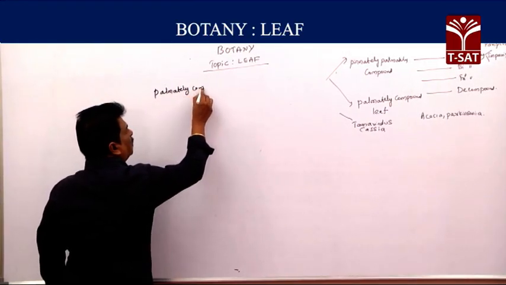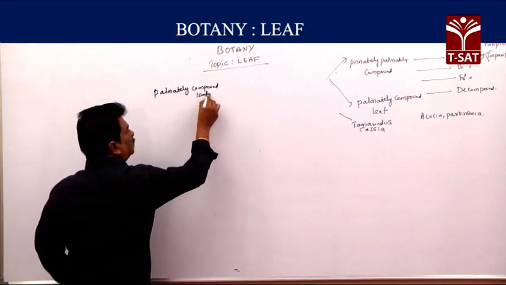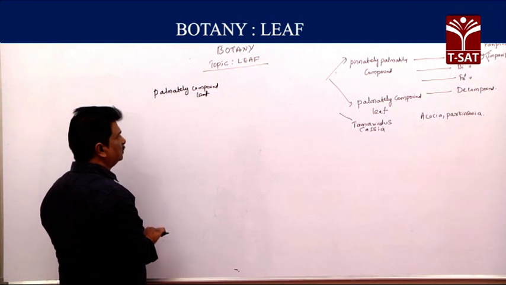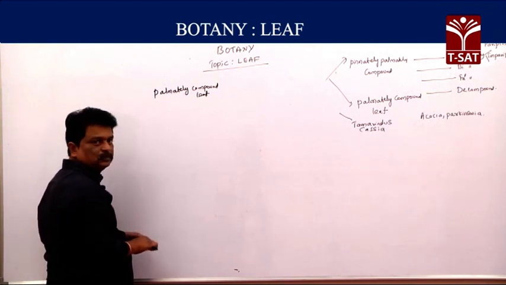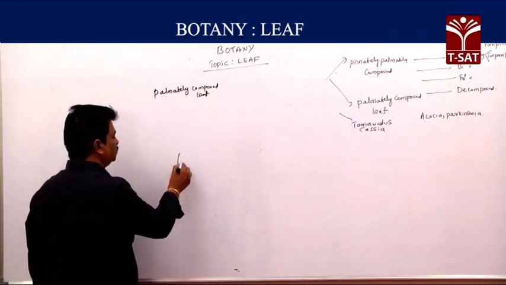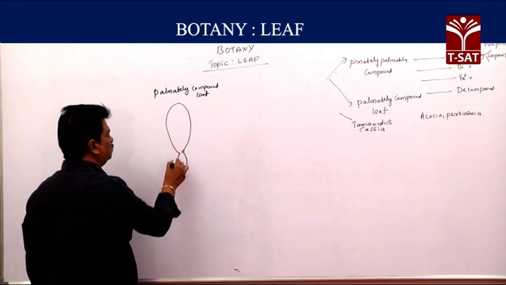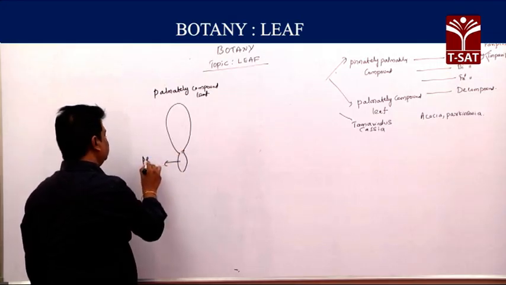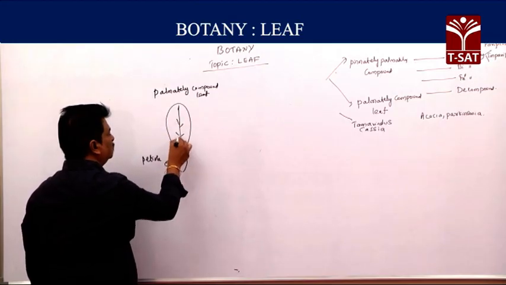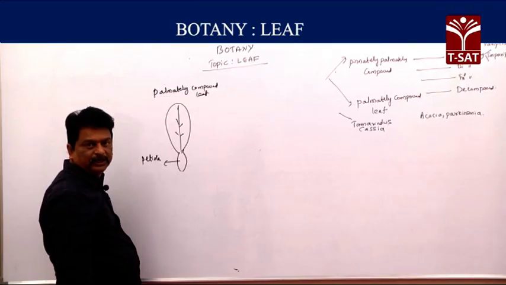In palmately compound leaf, the rachis is either reduced or totally absent. So leaflets are directly present on the petiole. If leaflets are directly present on the petiole, it is called palmately compound leaf.